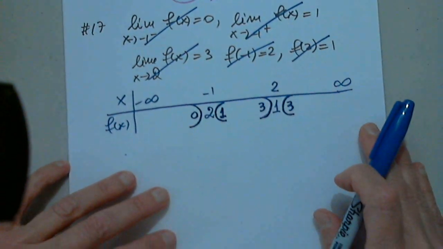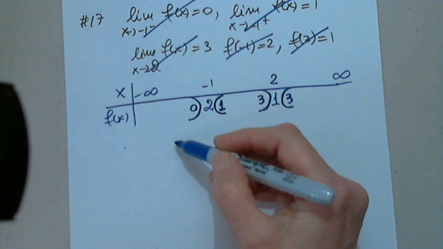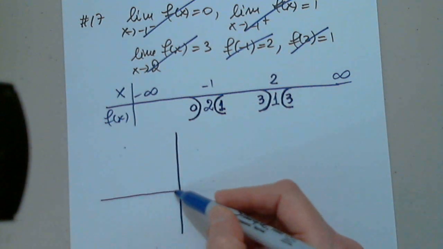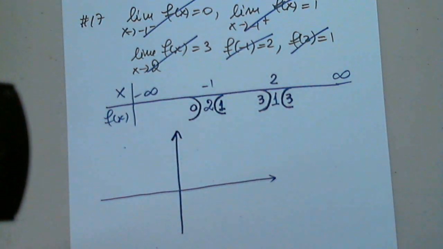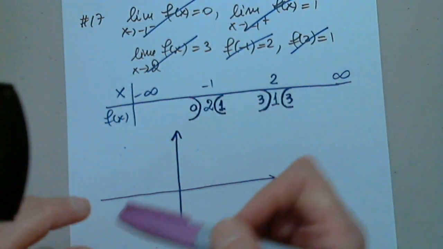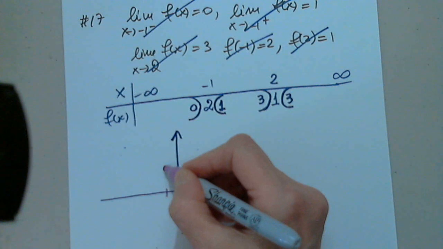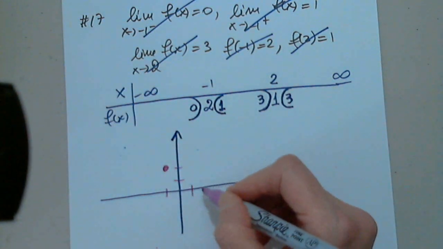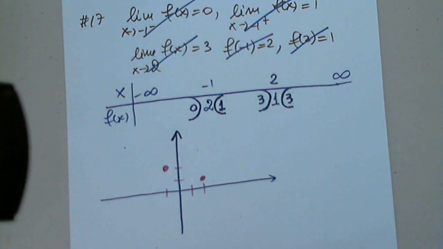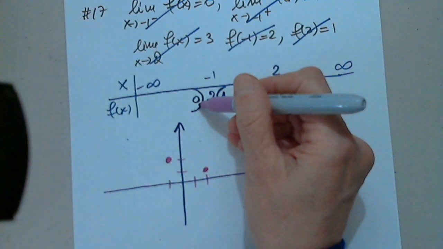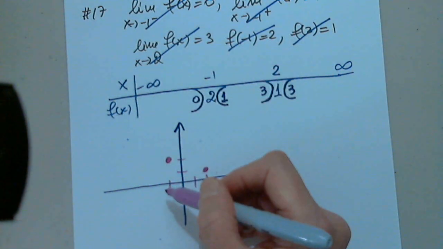So now I know exactly what I need to do to show an example of such a function. You can fill in anything else you want, but these conditions have to be fulfilled. Of course, I'm going to start with the points (-1, 2) and (2, 1). Then the limit from the left-hand side of -1 is 0.